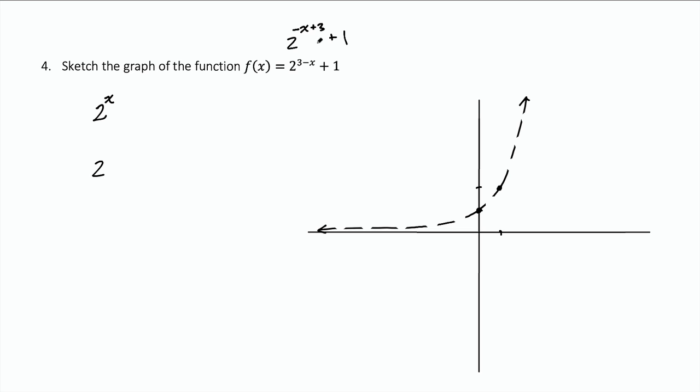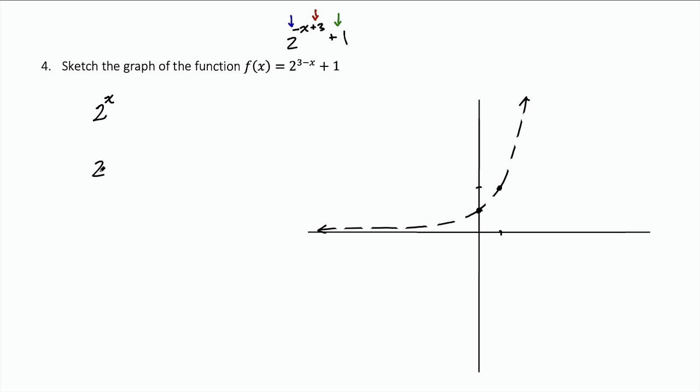So there's 3 things happening here. We've got this plus 3, and we've got this negative, and we've got this plus 1. So those are 3 different transformations. We'll start with the plus 3, because when you add or subtract a number from x, that is a horizontal translation, and that's usually the easiest thing to start off with when you are given the equation.